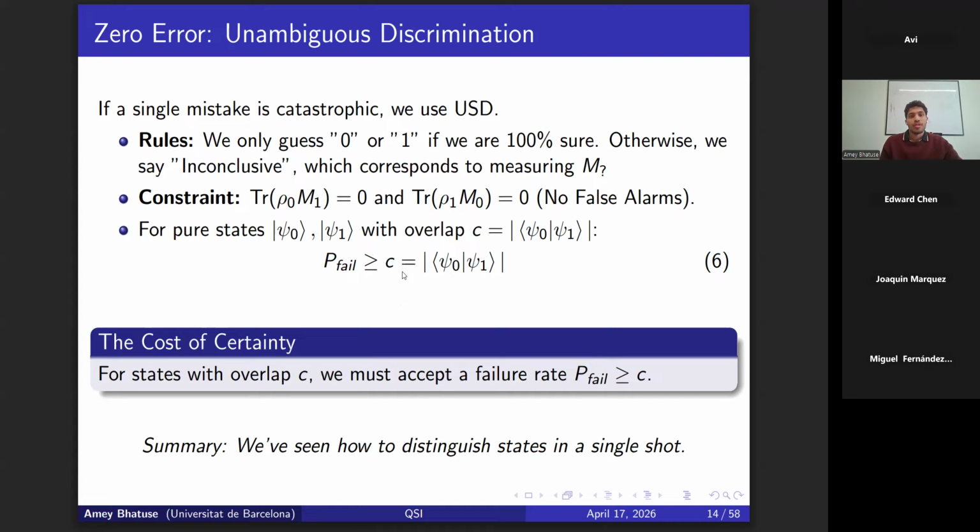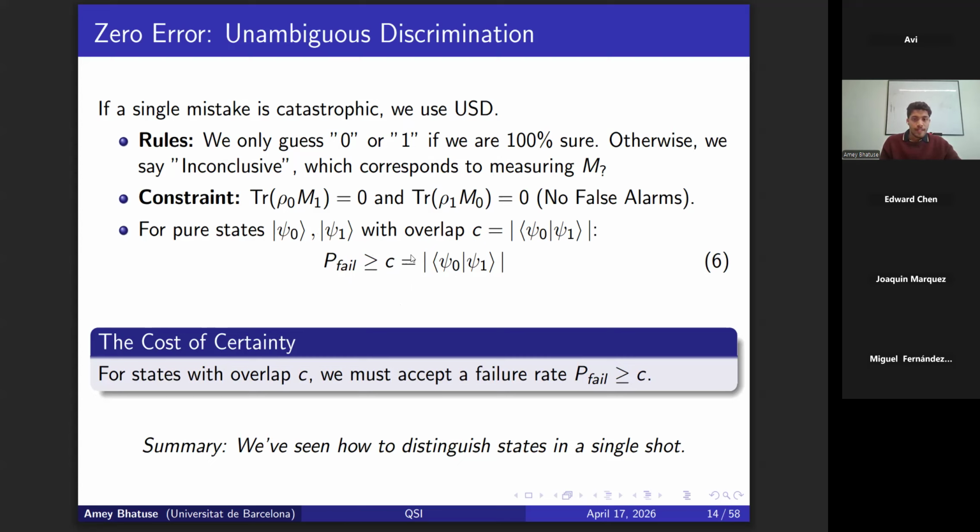So if you're trying to not get errors, then we have to be ready to deal with a higher failure probability. For states with overlap C, we must accept a failure rate of at least C, the overlap between states.